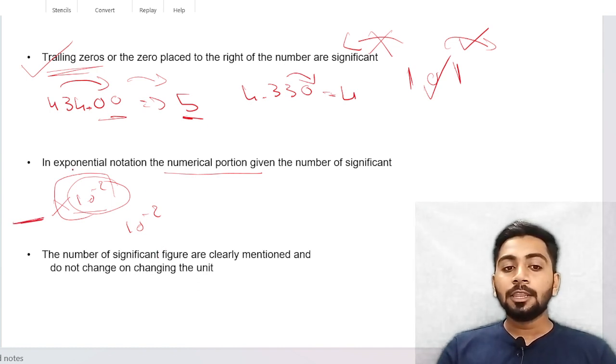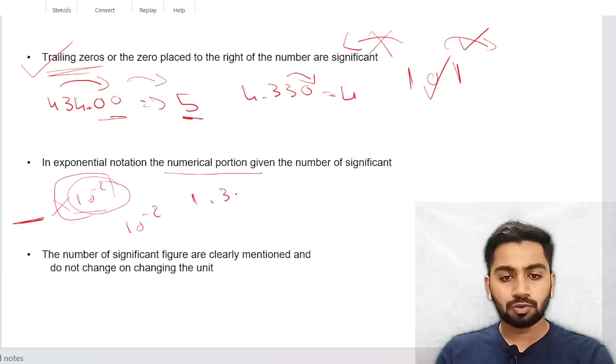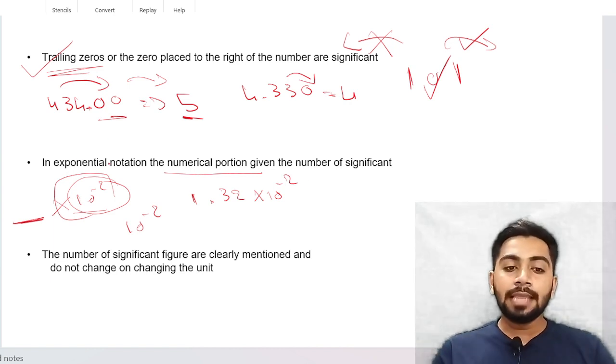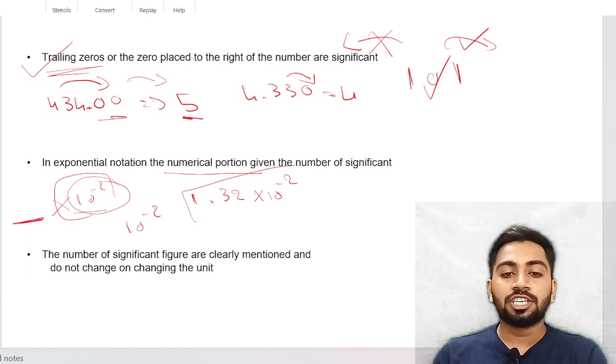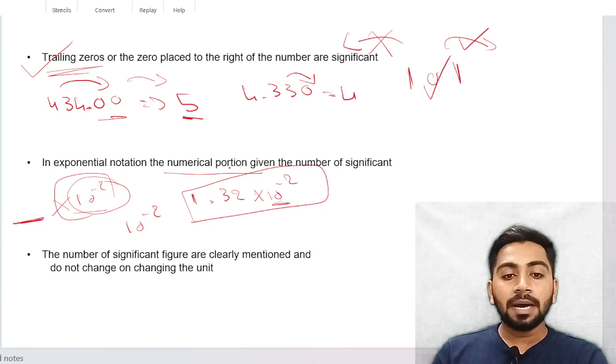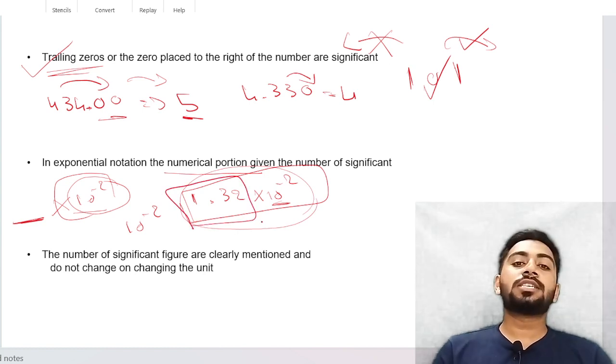See, in numerical exponential, I will write one example. Wait. If I write an example, you will understand. Now, this is one exponential notation. We have some exponential here. The number portion gives the number of significant figures. Which means in this kind of thing, only this gives the significant number.